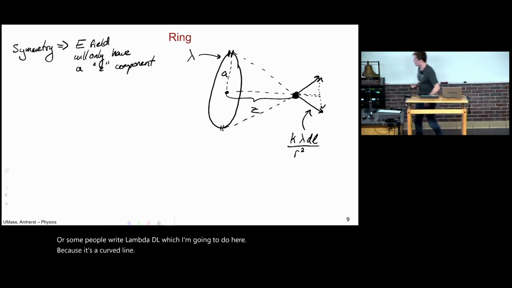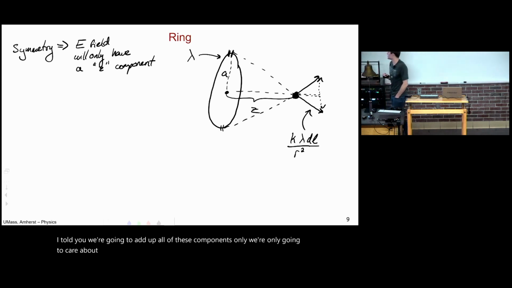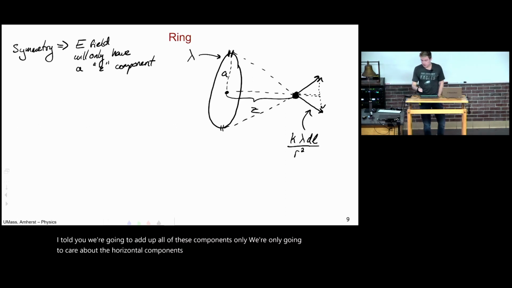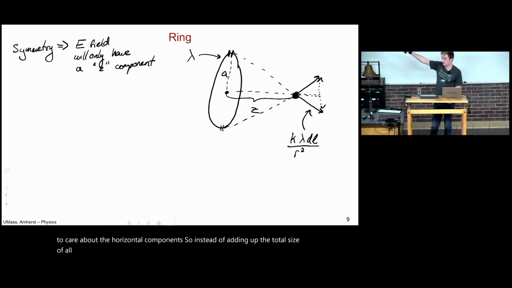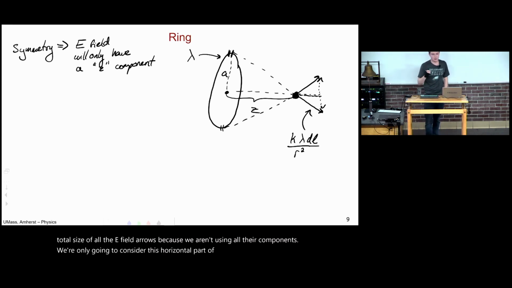Okay, now I told you we're going to add up all of these components only. We're only going to care about the horizontal components. So instead of adding up the total size of all the E field arrows, because we aren't using all their components, we're only going to consider this horizontal part of the arrow, and we're going to add up all the horizontal parts of the arrows together.